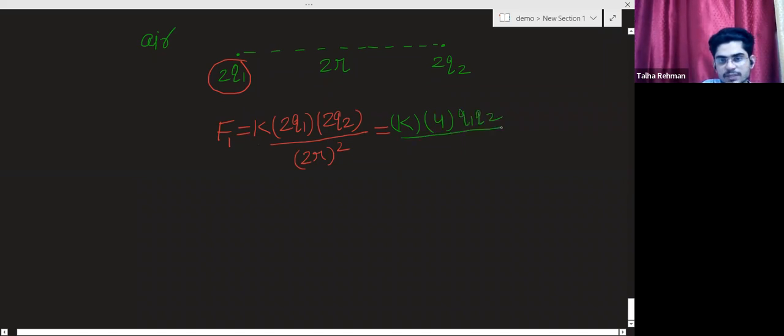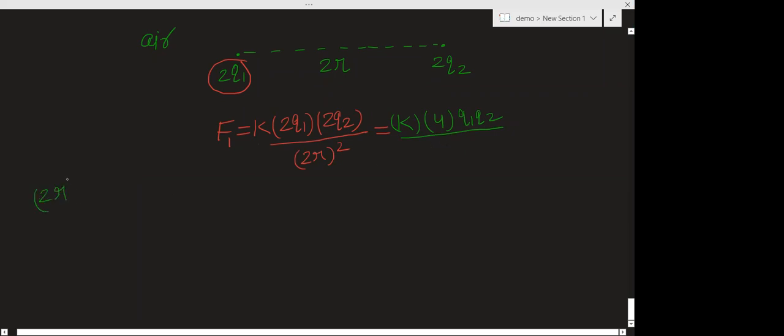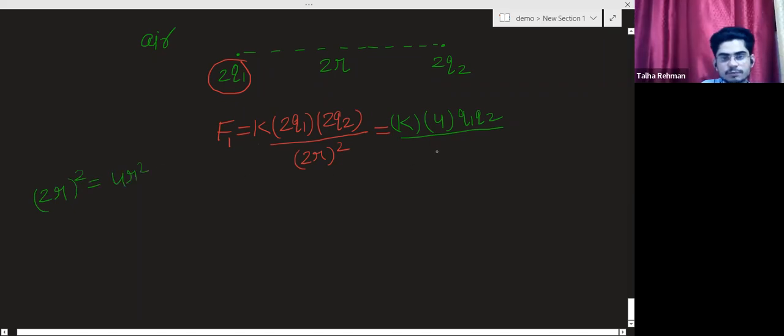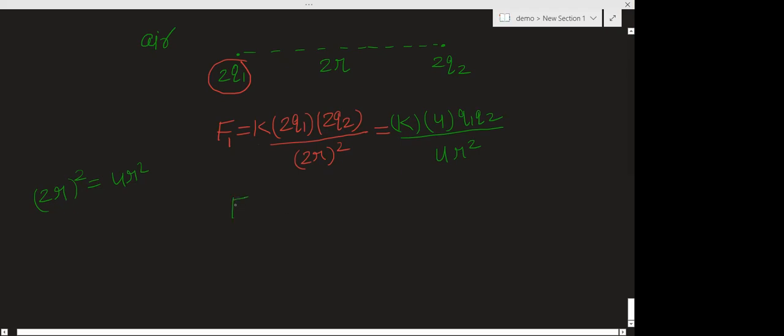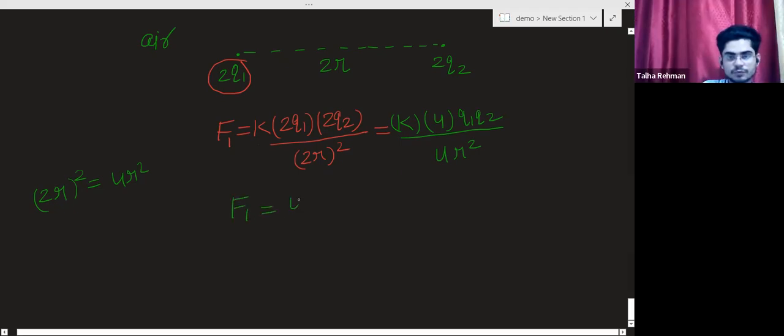And the denominator will be 4R square, because 2R whole square means 2 twos are 4 and R square. So F1 becomes 4K Q1 Q2 by 4R square.